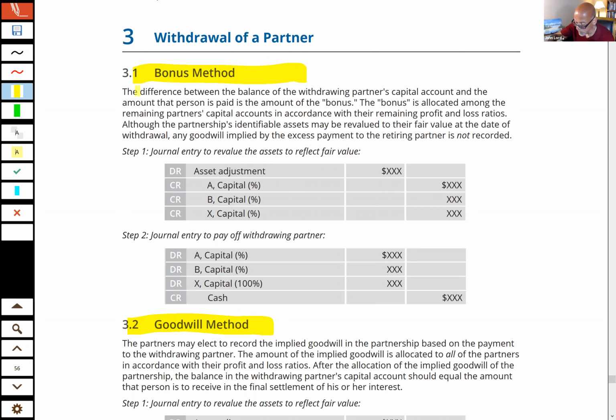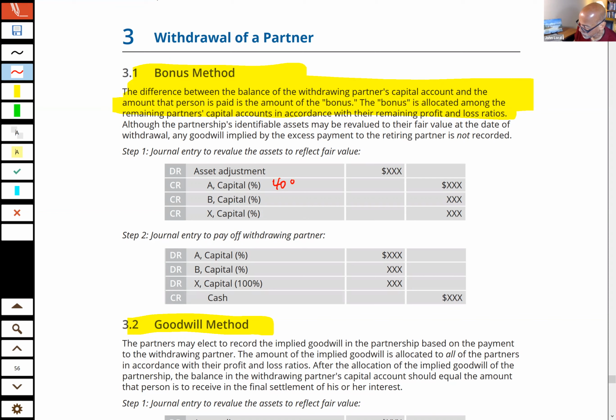Now, they tell us that the difference between the balance of the withdrawn partner's capital account and the amount that person is paid is the amount of the bonus. And the bonus is allocated among the remaining partners' accounts in accordance with the remaining profit and loss ratios. Okay. So I'm going to write some numbers in here, guys, and you should mark this up accordingly.